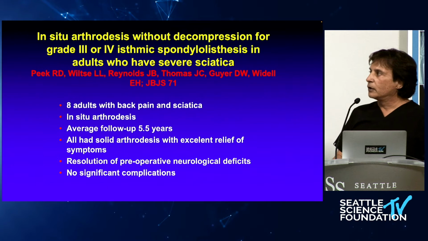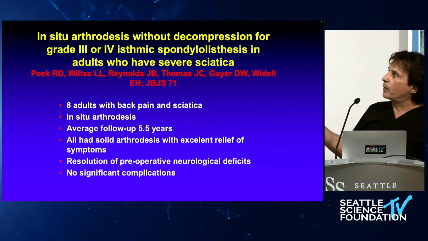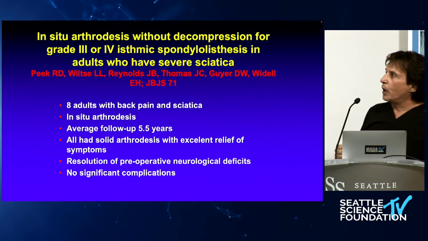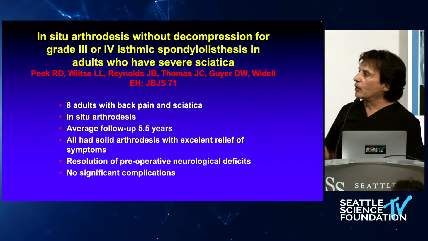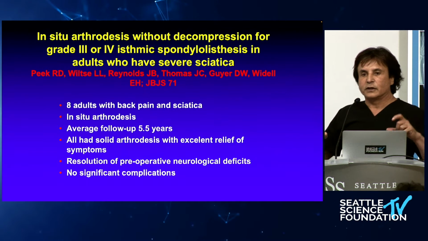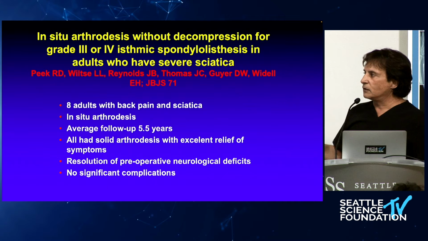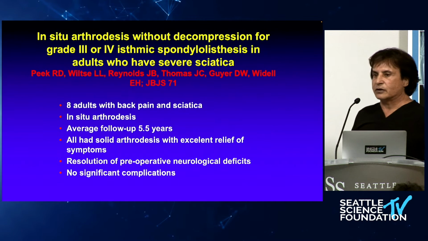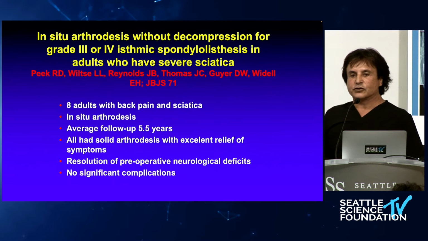So, literature review of isthmic spondylolisthesis in adults. This is Wiltse's seminal paper, where all he did, through a Wiltse approach, was a fusion. He didn't use instrumentation, didn't do a decompression, and had resolution of preoperative neurological symptoms in patients.